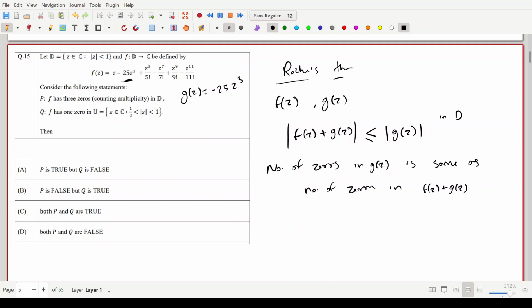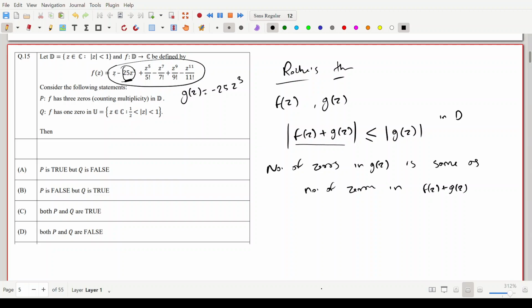Now what do you observe? What is your f here? The other parts are your f. That means this f of z plus g of z here is my whole function. It has this part which is my g of z and another part which is my f of z.